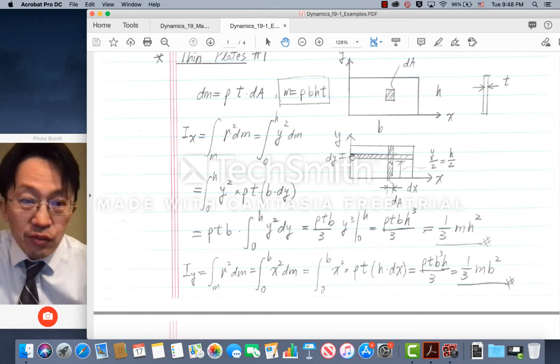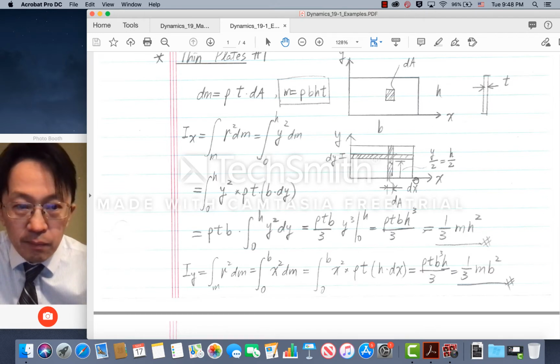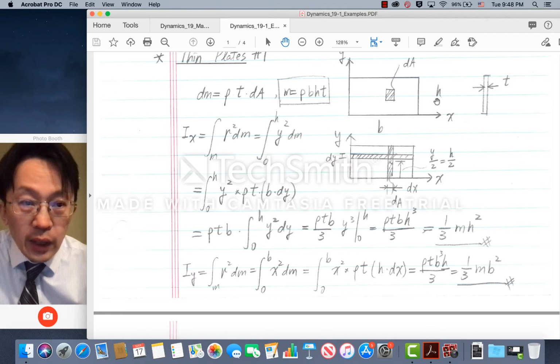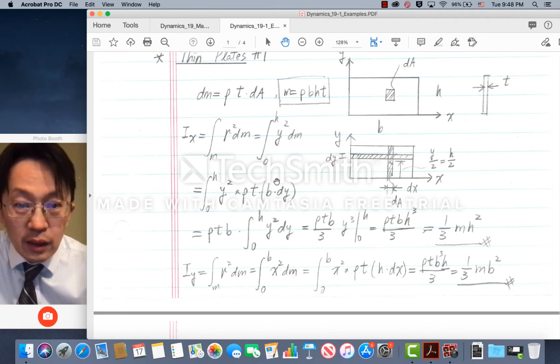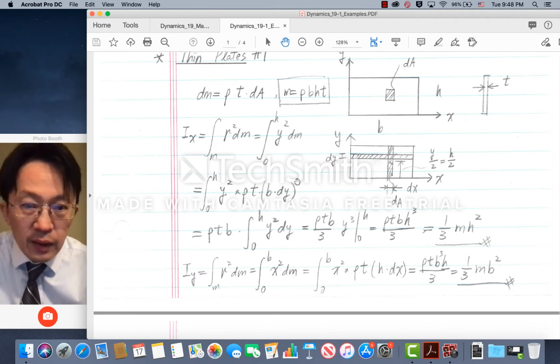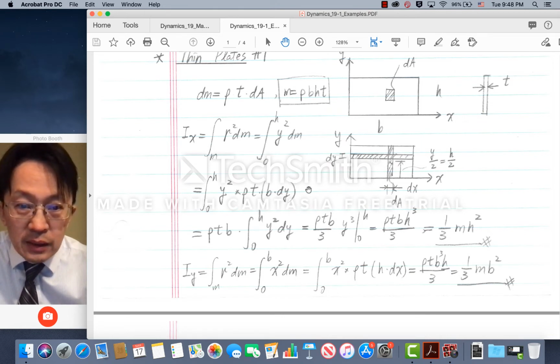Therefore, we will have to use the strip always parallel to the axis of consideration. And that's why we have to use b times dy here as a dA, as opposed to h times dx as a dA here. Now, once we figure this out, everything else is just mathematics.